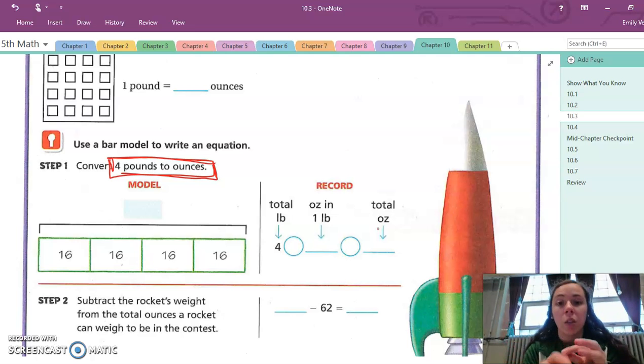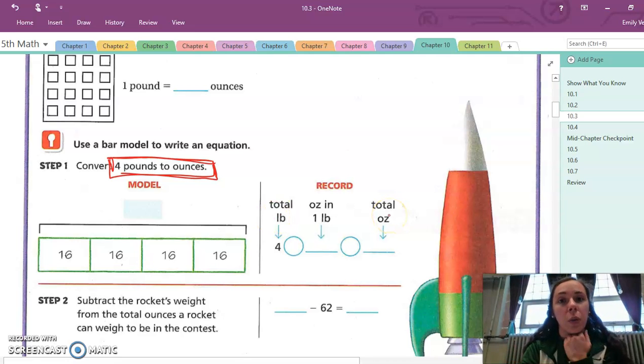Okay. So if we look at pounds and ounces, who's the big one? Pounds. So whenever we go from big to small, that means we're going to have lots more of these than the number we start with. Which operation gives us more of something? Multiplication. 4 times something will give us our total here.